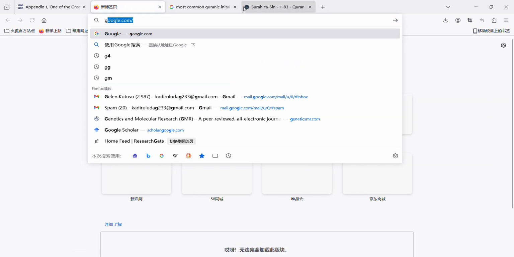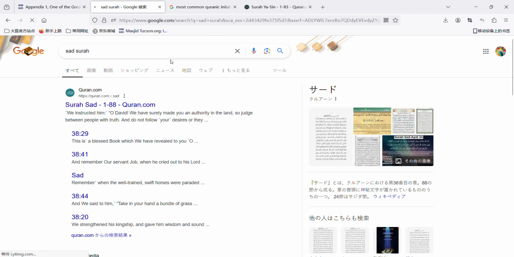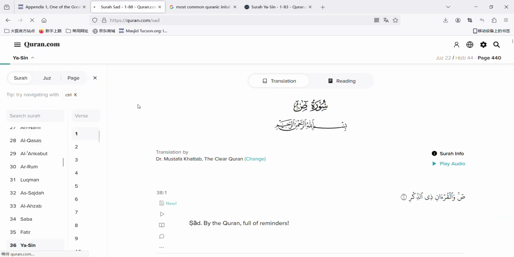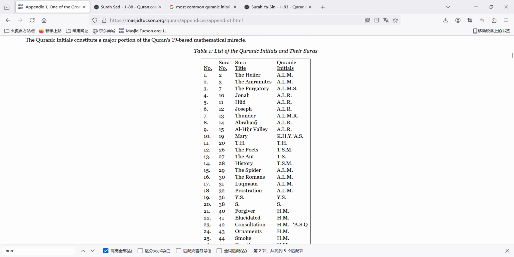So Sad Surah. It's my first time. I previously thought that might be the case, but by the Quran. So if the initial is only 1, and the Quran was mentioned previously, I tried to hypothesize that if there is a Quranic initial, then it refers to the Quran, but I think this is not true.